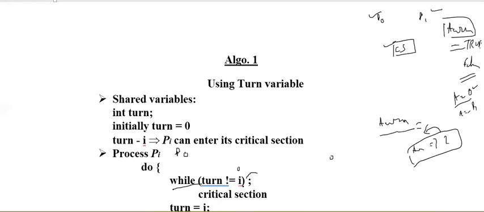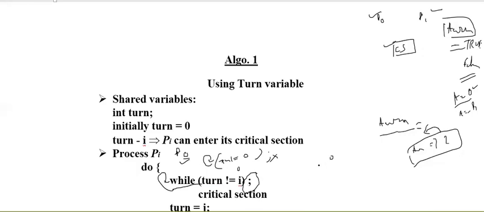Please make sure, this is a very crucial thing. This is a loop: if the value of turn is not equal to 0, it means this is not my turn and I am going to wait for my turn. So there is one continuous infinite loop where the P0 process will wait.